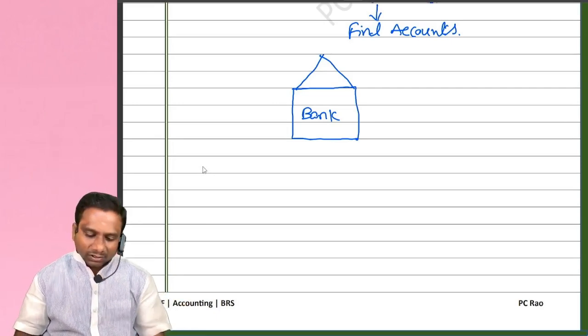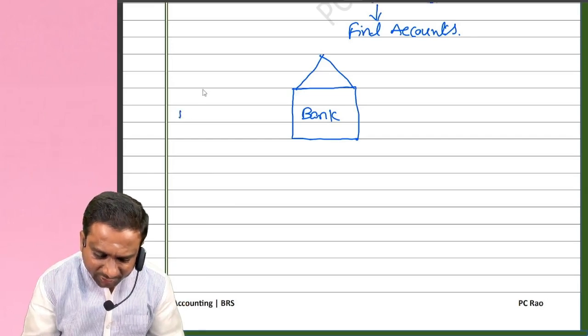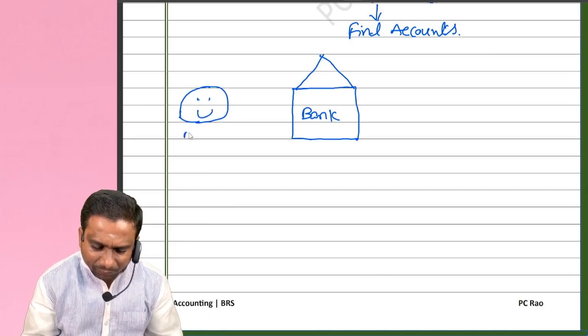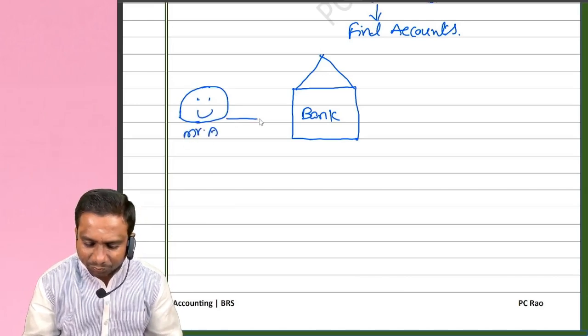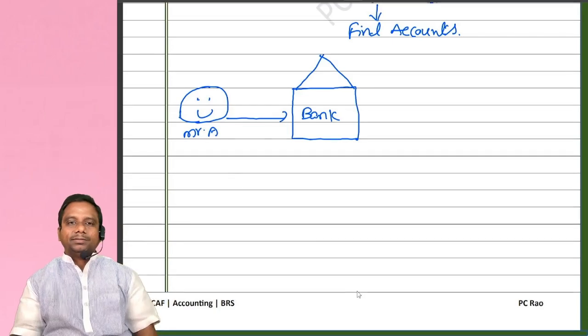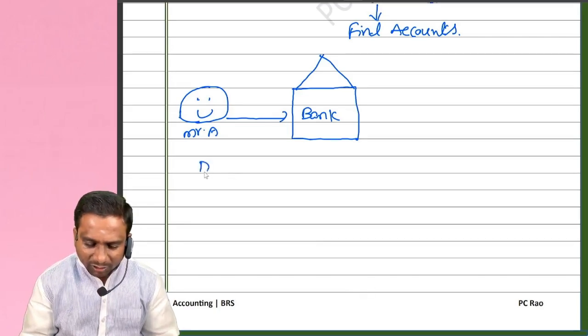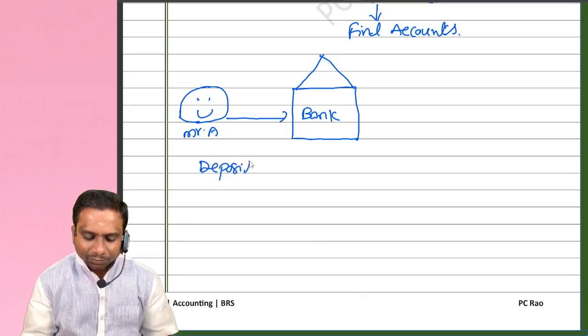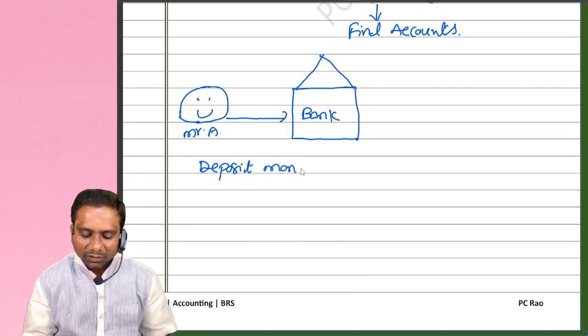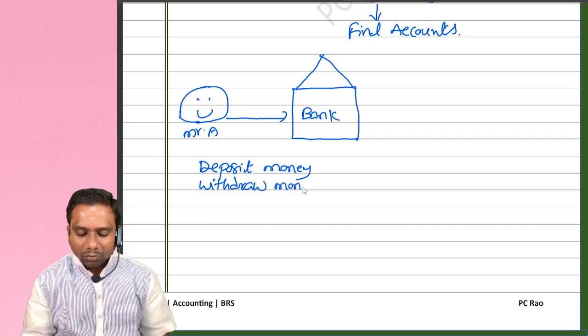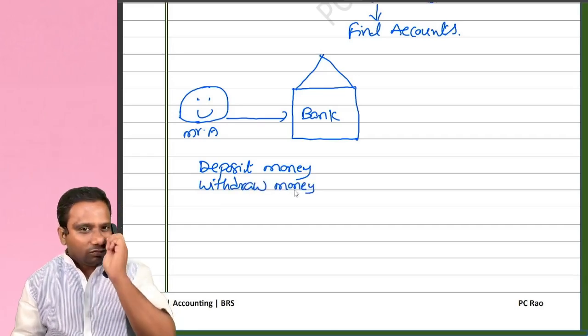Look, let us say a businessman, Mr. A, regularly deals with the bank. He will deposit money and he will withdraw money. How can he withdraw money?